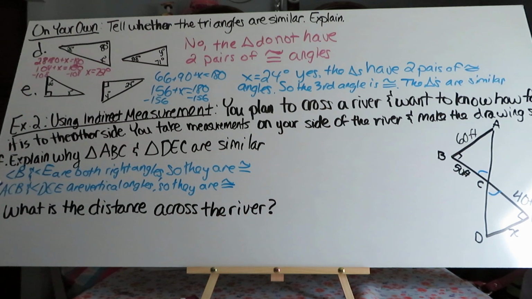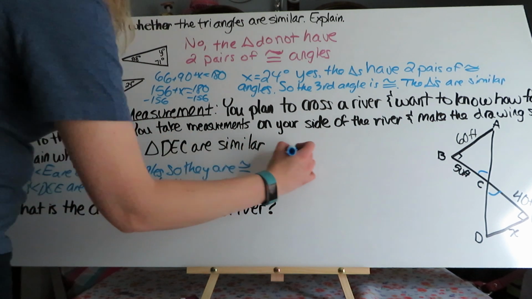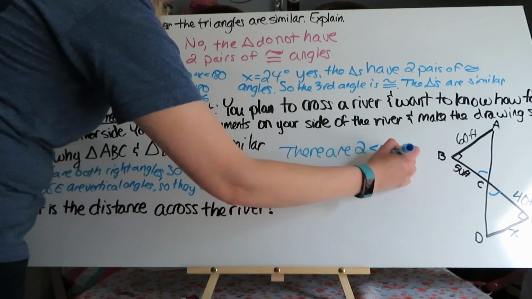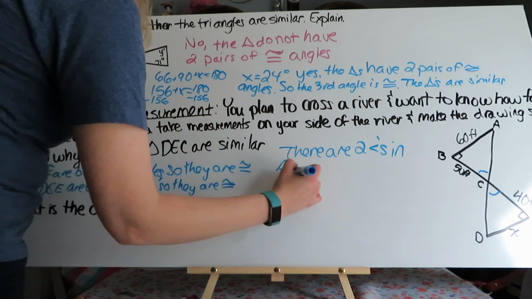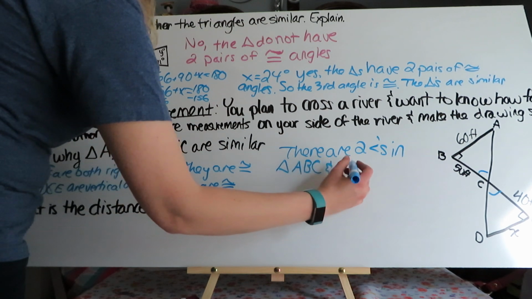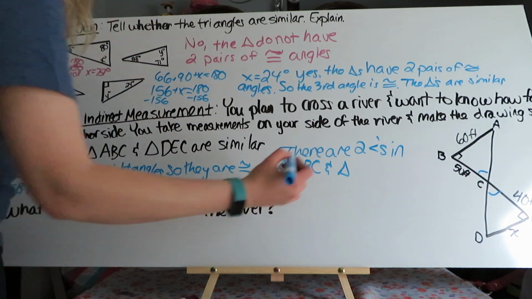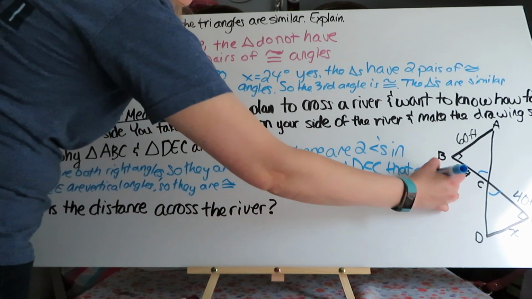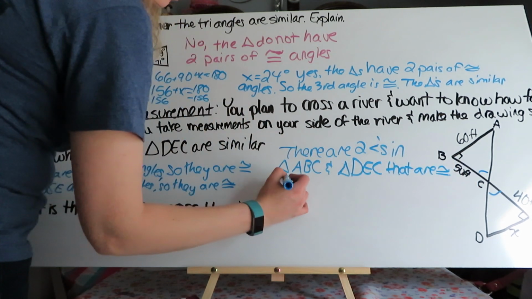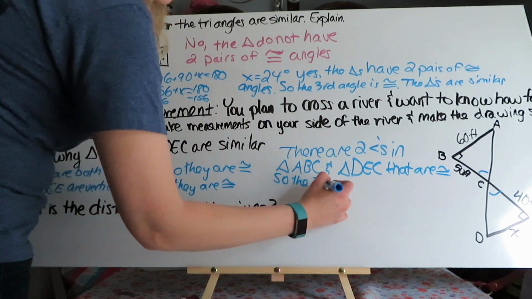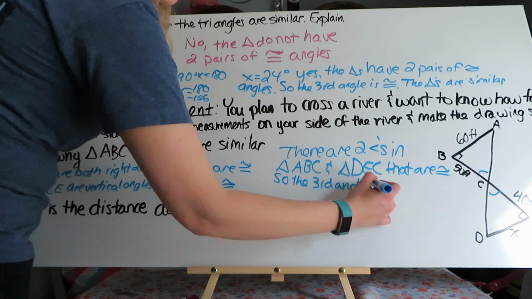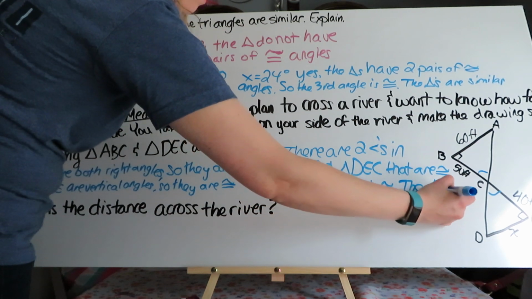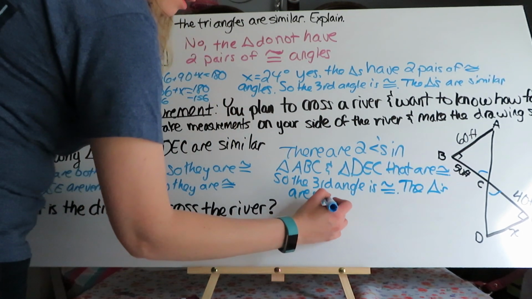And because there are two angles in triangle ABC and triangle DEC that are congruent, the third angle is congruent, and the triangles are similar.